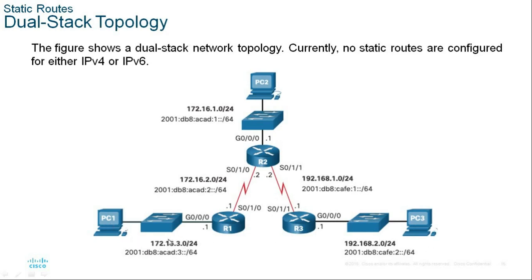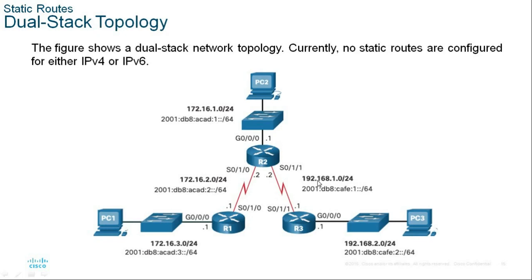In all these networks, I assigned the first IP to the LAN interface. So 3.1 is the interface for this G0 gigabit interface here. For the WAN links, serial 0/1/0 and serial 0/1/0, the first IP goes on one side and the second IP on the other. It means 172.16.2.1 and 172.16.2.2.